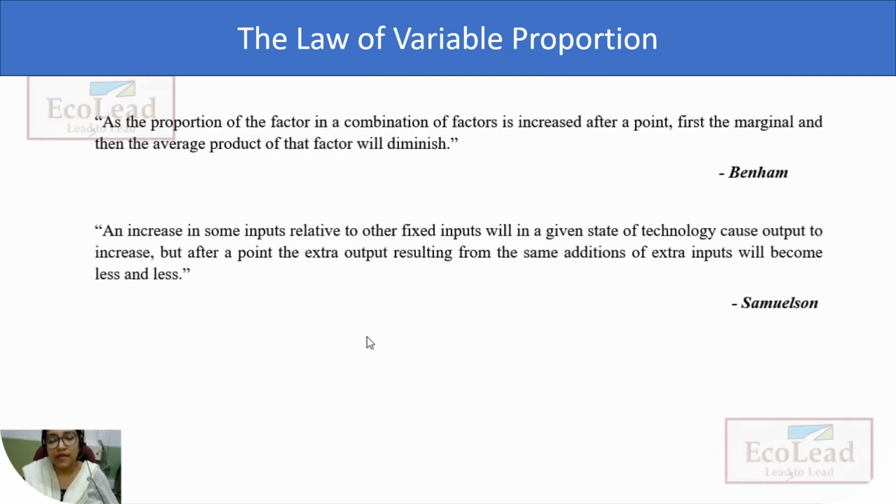Here we can see that different economists have given different definitions of the law of variable proportion. We can take the name of Benham, we can take the name of Samuelson, we can get multiple definitions given by different economists at different point of time.